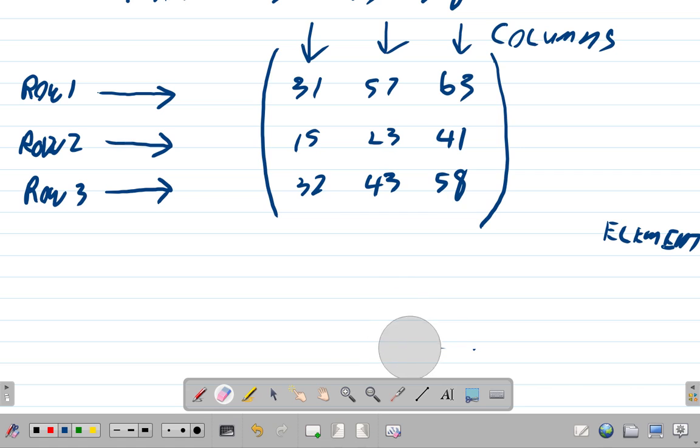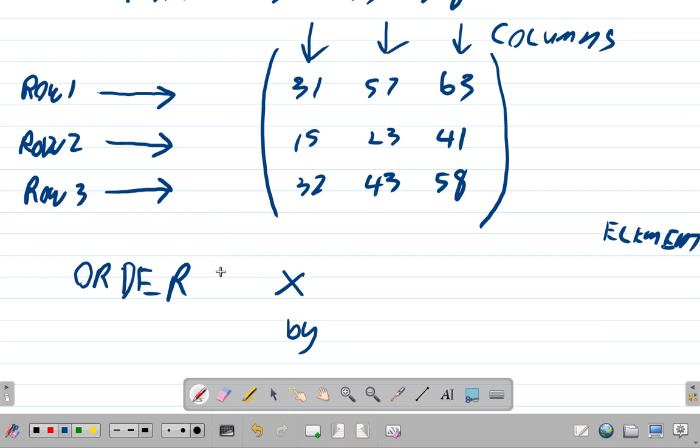Now, there is what is called the order of the matrix. This consists of 2 numbers, and between the numbers you say by or put a multiplication sign, meaning by.